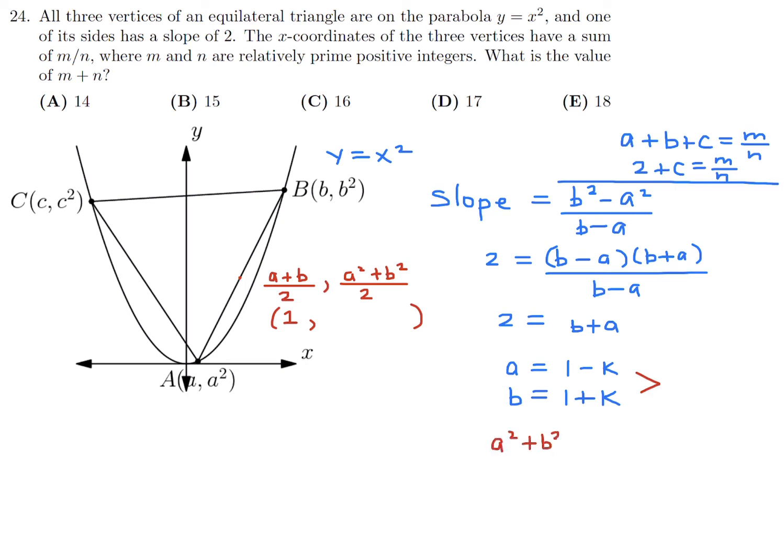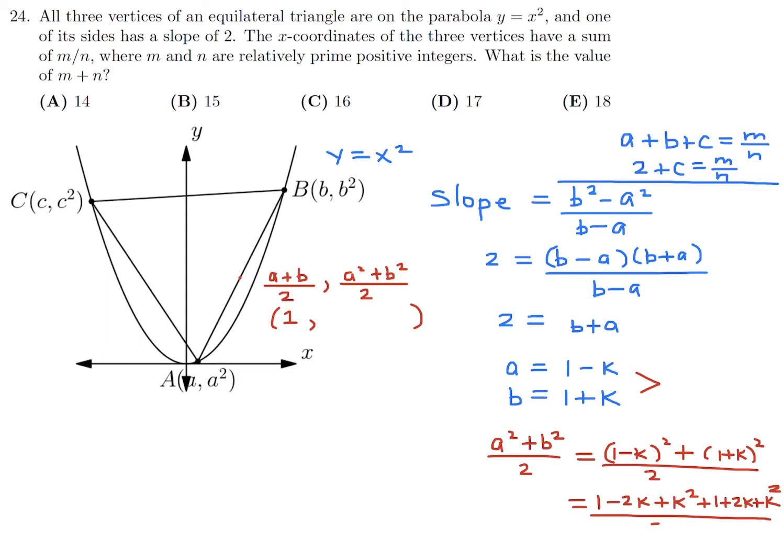A squared plus b squared over 2, that looks like (1 minus k) squared plus (1 plus k) squared, all over 2. So that gives me 1 minus 2k plus k squared plus 1 plus 2k plus k squared, all over 2.